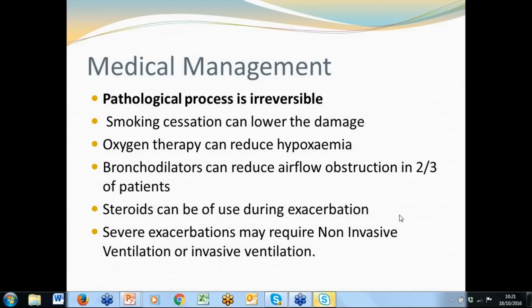So, how many of you, stick your hands up if you like, how many of you have come across people with COPD, either in a hospital environment or in the home environment? Oh, quite a few of you sticking your hand up.